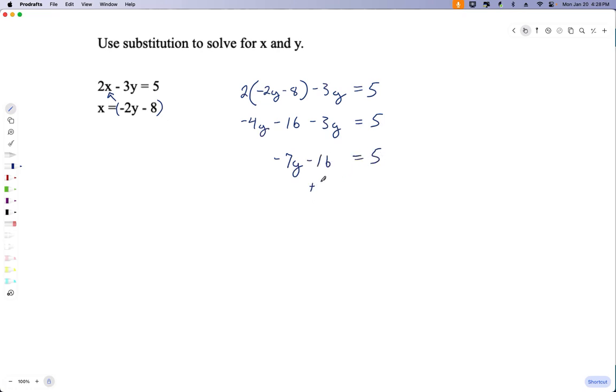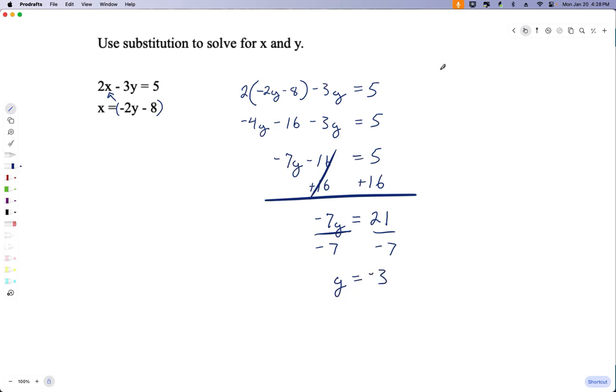I'm going to add 16 to both sides. Negative 7y is equal to 21. Divide both sides by negative 7. Y is equal to negative 3.